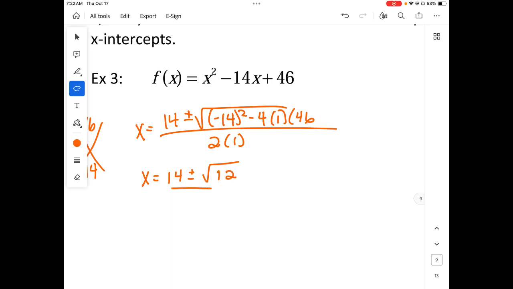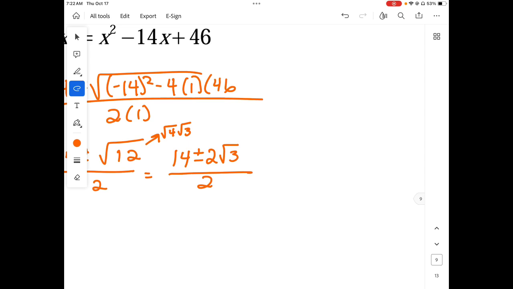That'd be 12 over 2. This is square root of 4, square root of 3. So I can rewrite this as 14 plus or minus 2 square roots of 3 over 2. Then I can simplify it even more. I can divide everything by 2, and that gives me 7 plus or minus square root of 3.